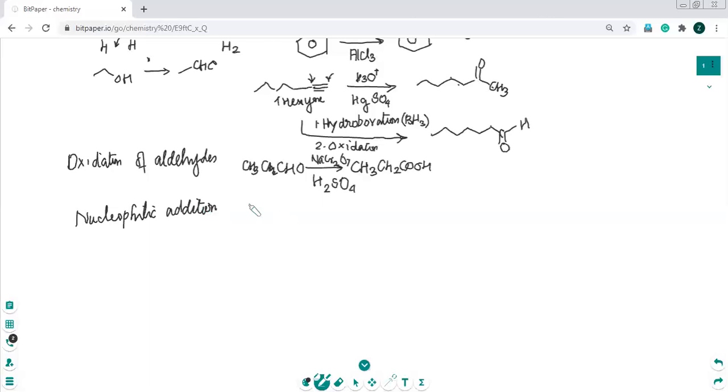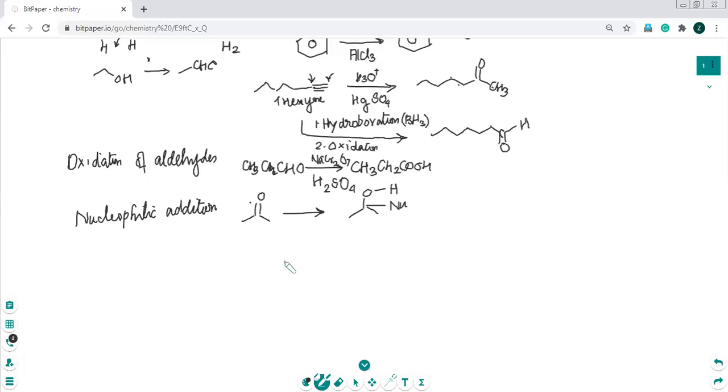Here, nucleophilic addition means we have a double bonded oxygen, and then we can convert it into a single bonded oxygen with one group here and one group here. Normally this will be H and this will be the nucleophile.